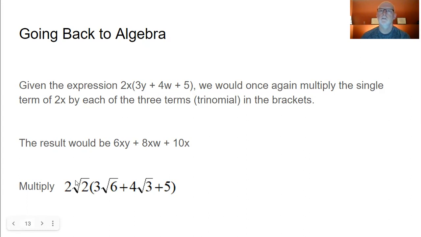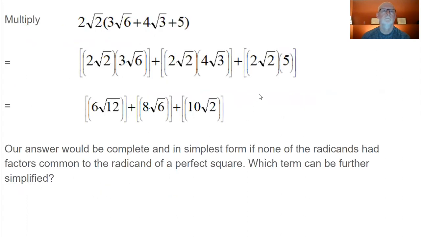Multiply the single term 2 root 2 by each of the 3 terms in the brackets. So single term out front, 1, 2, 3 terms in the brackets. So the 2 root 2 is multiplied by the first term, 3 root 6, added to the first term multiplied by the second term, 4 root 3, added to the first term multiplied by the last term of 5.